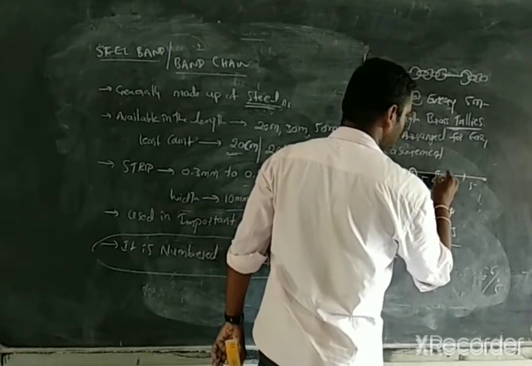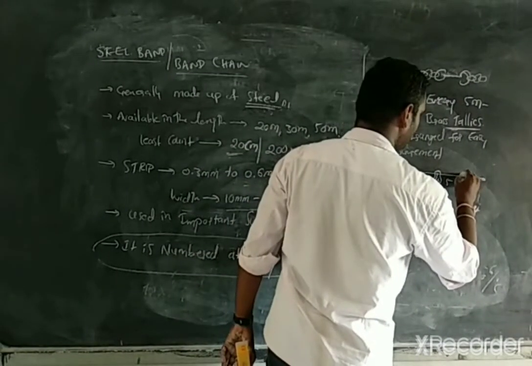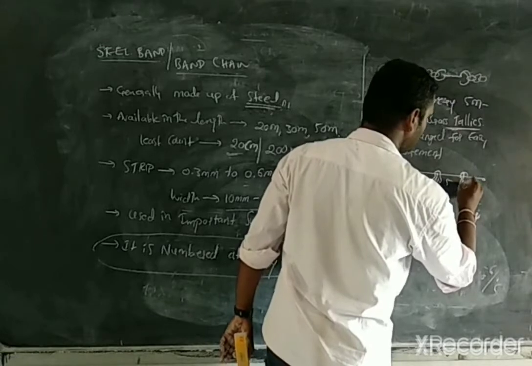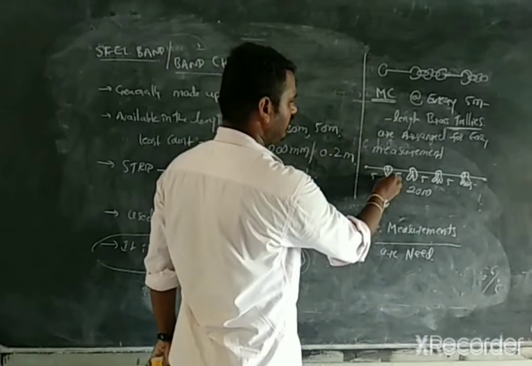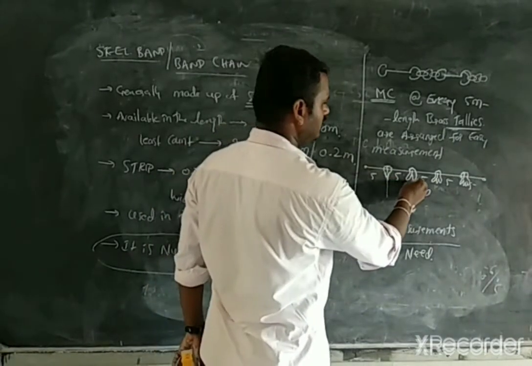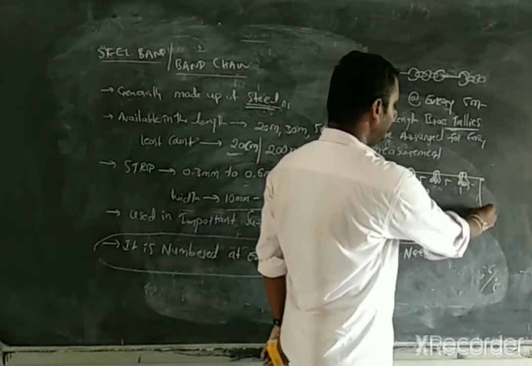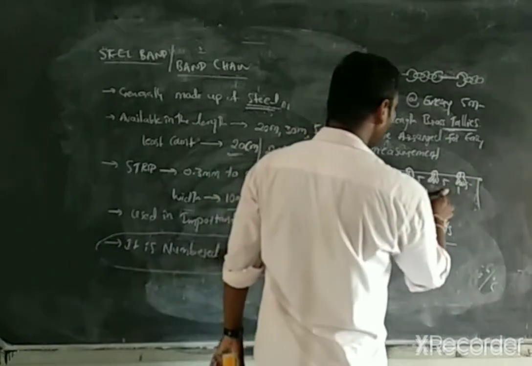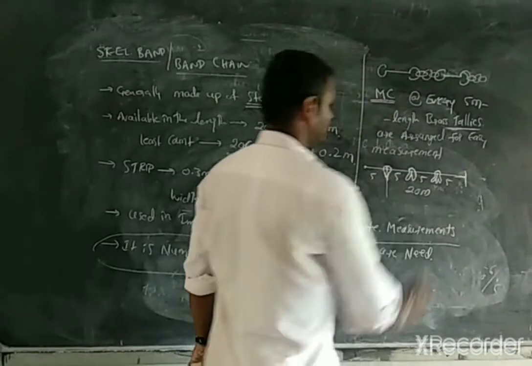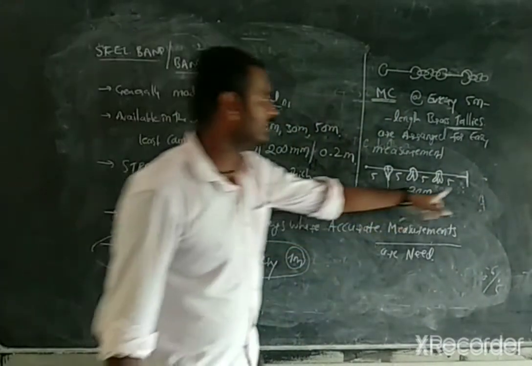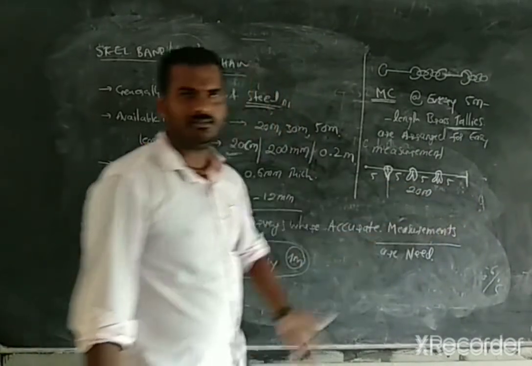At the fourth, we have 4 levers. So 1 into 5 is 5, 2 into 5 is 10, 3 into 5 is 15, 4 into 5 is 20. This is the end. At the end, you don't have any tally, because up to here the distance is 20 meters.